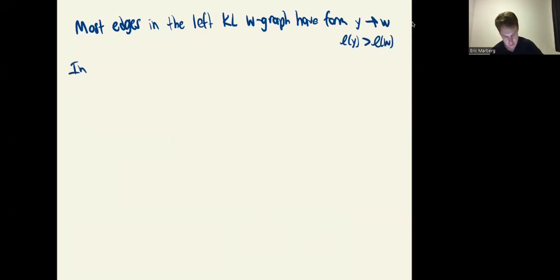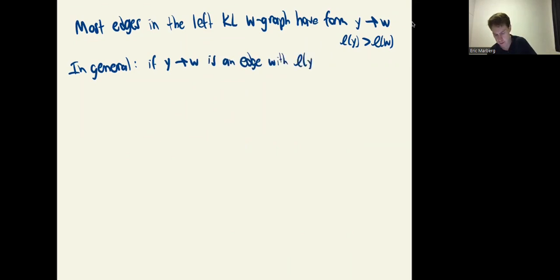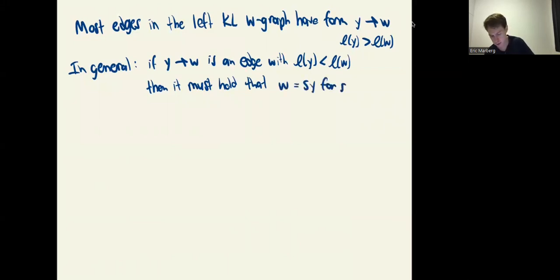And in general, it's actually true that if y to w is an edge with the opposite length convention, where the length of y is less than the length of w, then it must hold that w is equal to s times y for some s in S, and there must be an edge in the reverse direction like this.